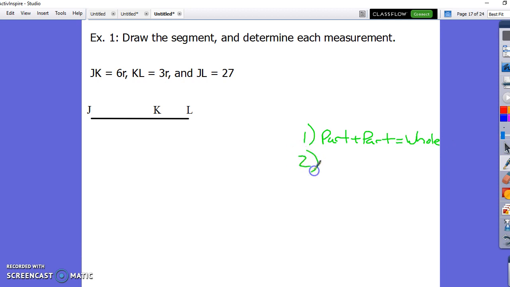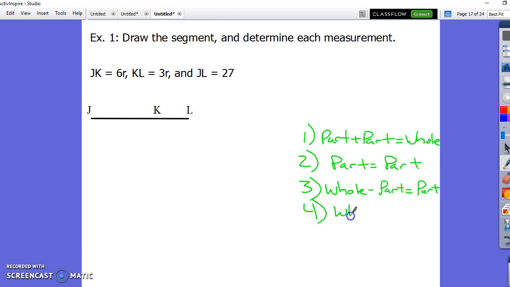The second strategy is part equals part. The third strategy is whole minus part equals part. I screwed this up yesterday. And finally, whole equals whole.